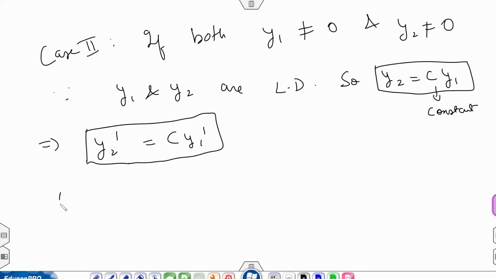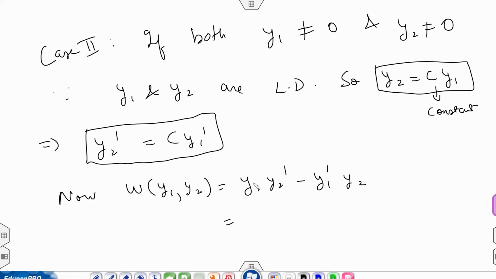So now, if I see the value of the Wronskian, what it comes out to be: mainly the Wronskian is this. Now just see the value: y1 is y1 and y2 dash is c y1 dash from this equation. I'll write this as equation number 1 for this lemma, and this is equation number 2.